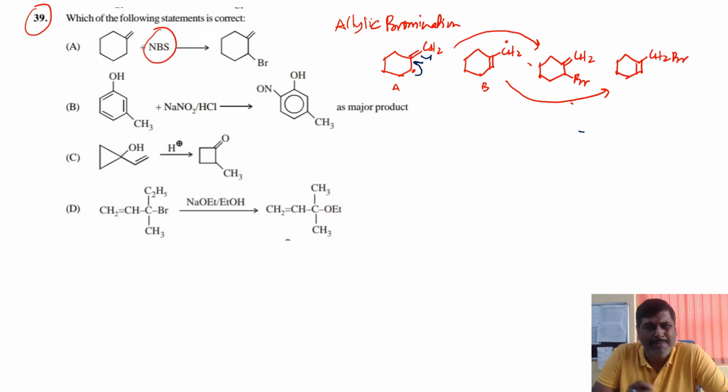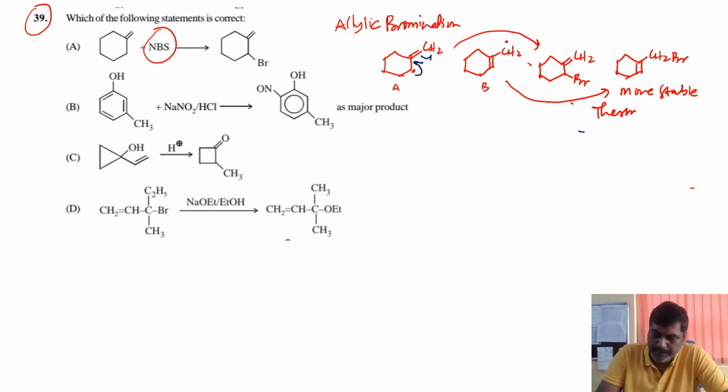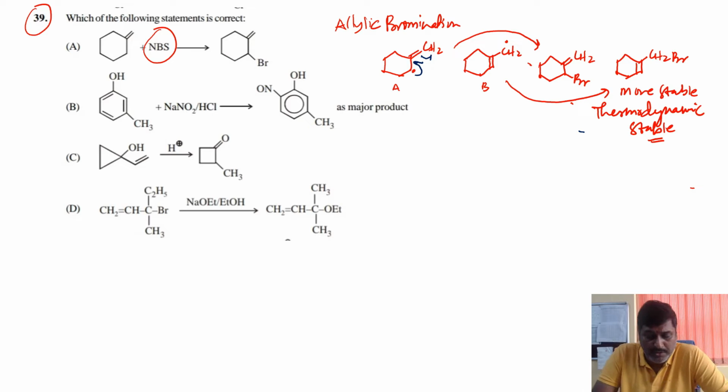Now even you can blindly say which one is more stable, right? So this one is more stable. This is called the thermodynamic product. This one is the stable product. This one is the major product. So in this case, that has to be the major product written.